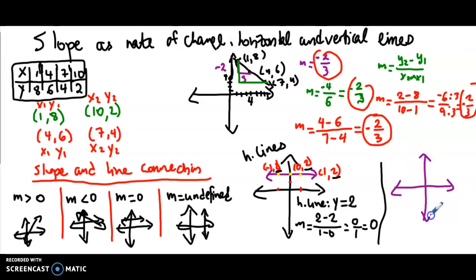There's my graph. I'm going to grab myself a vertical line. I'm going to go ahead and plot some points. Here's one, here's another, here's another. Let's assume that I'm going by ones here.